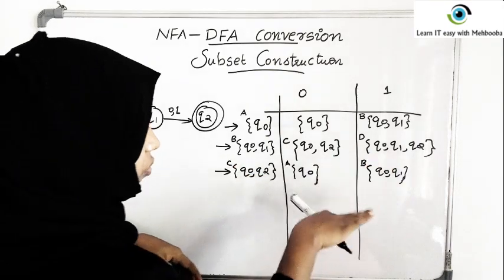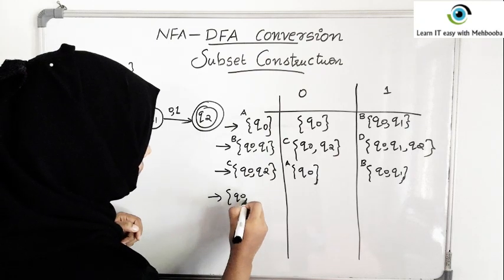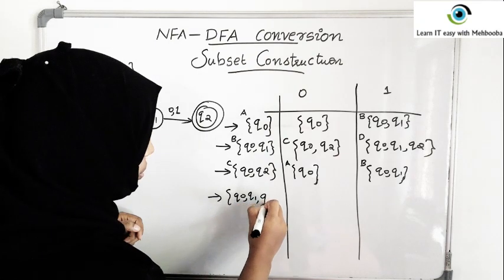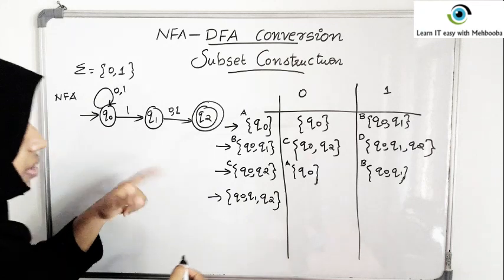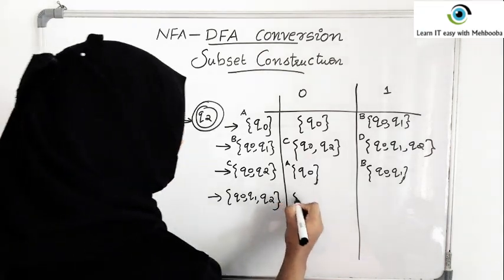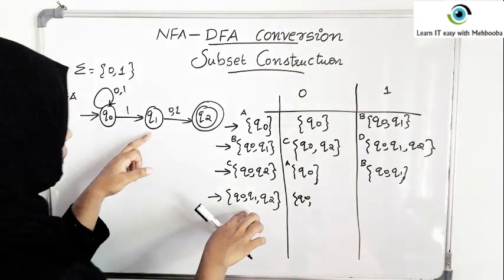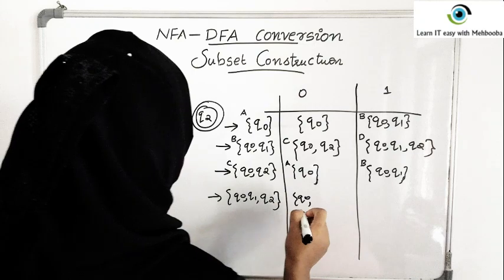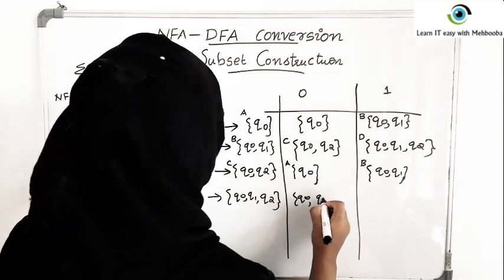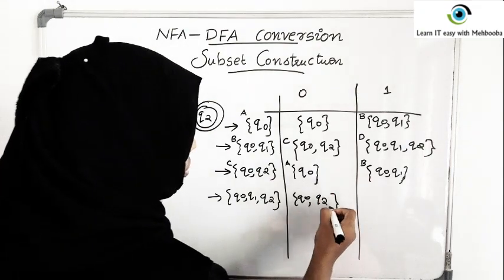Now the new set which is not processed yet is D, isn't it? Q0, Q1, Q2. Now when 0 appears in Q0, you get Q0. Now when 0 appears in Q1, you get Q2. And on Q2, 0 is not defined. So Q0, Q2.